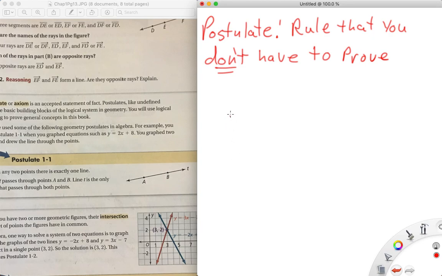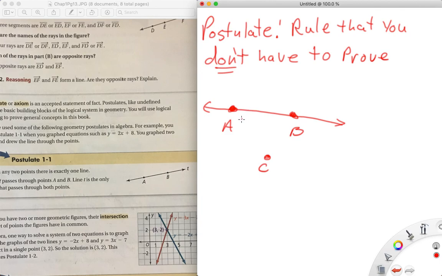So let's say we have point A and point B. Let's say we have point B and point C. Well, this line that goes through A and B, we have 2 points, and these 2 points have exactly one line.